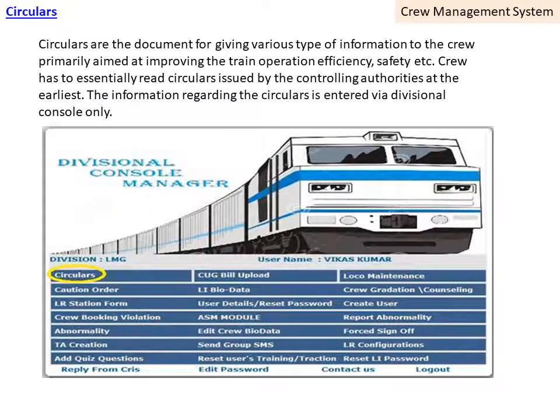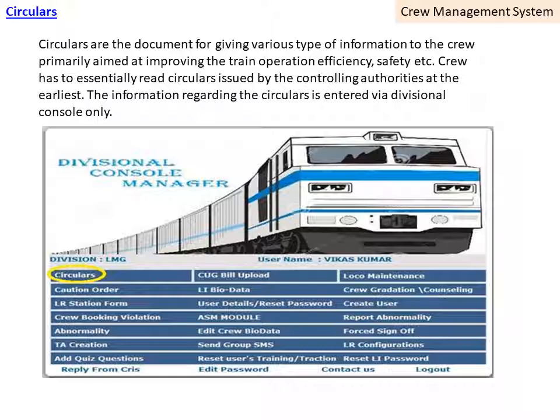Circulars can be uploaded by the division console only. Our division console is Secunderabad division, and the Secunderabad lobby persons' scanned copies will be directly uploaded into the circulars, and the LI biodata is also uploaded here.